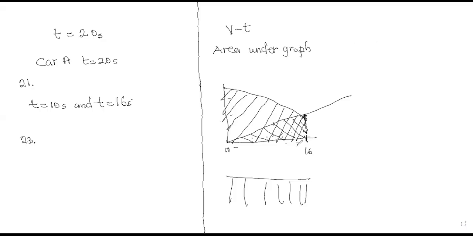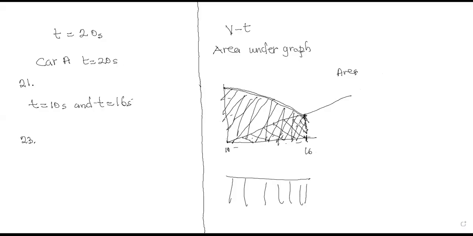So Marilyn, the whole argument is that the area under the graph would give you the total distance covered. The larger the area, the larger the distance traveled. So when you look at all the cars, A, B, C, within the time interval 10 to 16, the area under the curve for car A is the largest.